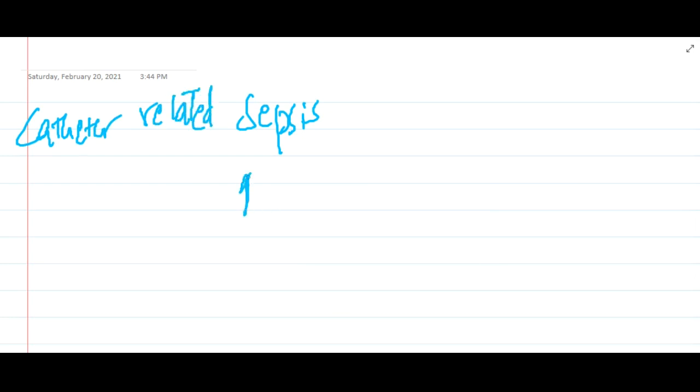Sometimes there can be sepsis related to the catheter. There can be catheter related sepsis, or there can be increased risk of systemic sepsis, right?